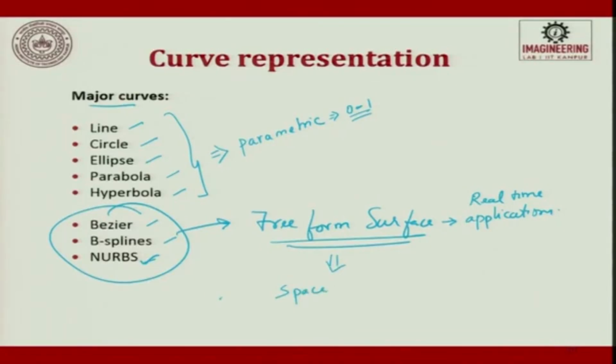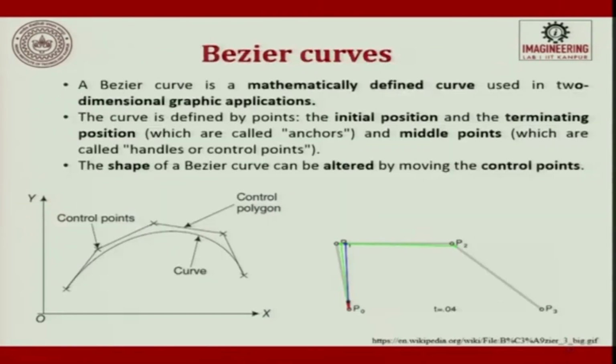I am talking about memory space. And as I told you earlier, memory space should be minimum and it has to be a unique representation all the time when you use a CAD, and then it has to give me an easy edit. So if you want all these three things, again free form surfaces have to be converted into parametric form. So now let us focus on that and see more.